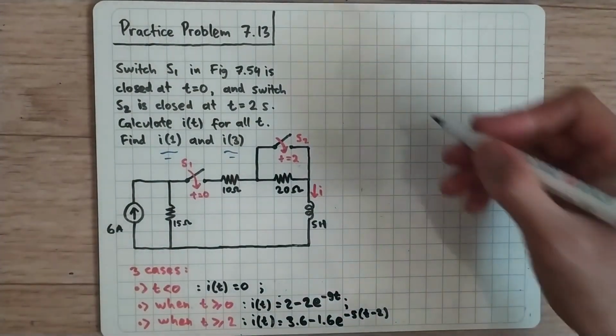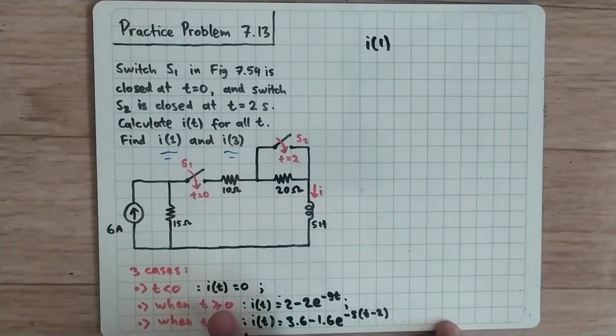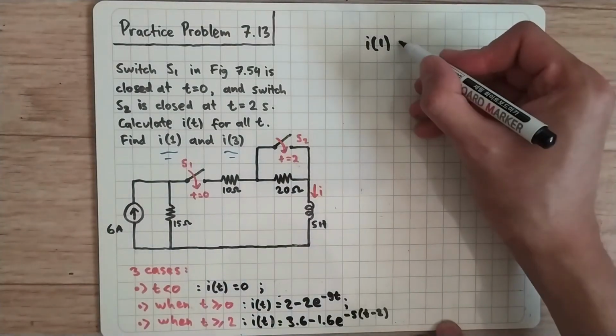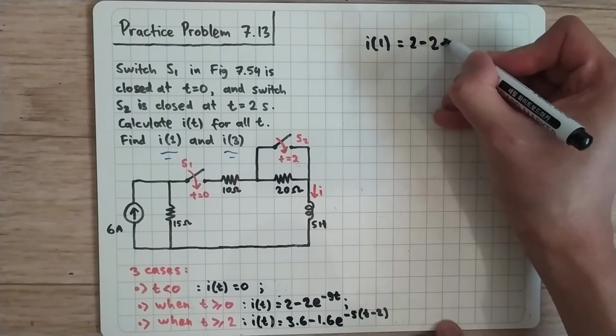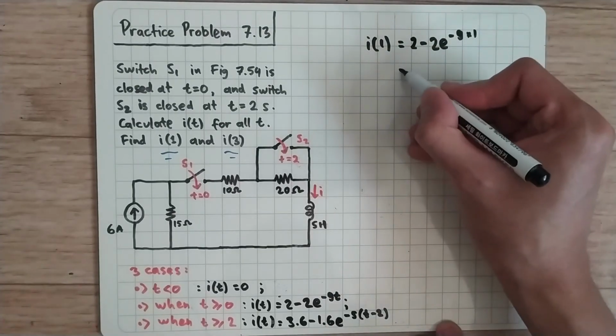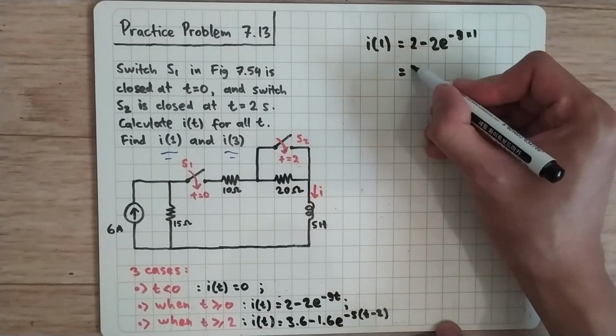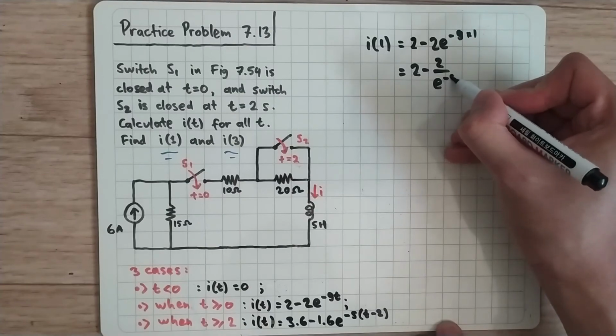So from here, we can calculate I1. I1 is this case when t is greater than or equal to 0. So I will have 2 minus 2 e to the minus 9 multiplied by 1. And so that will be 2 minus 2 divided by e to the 9.